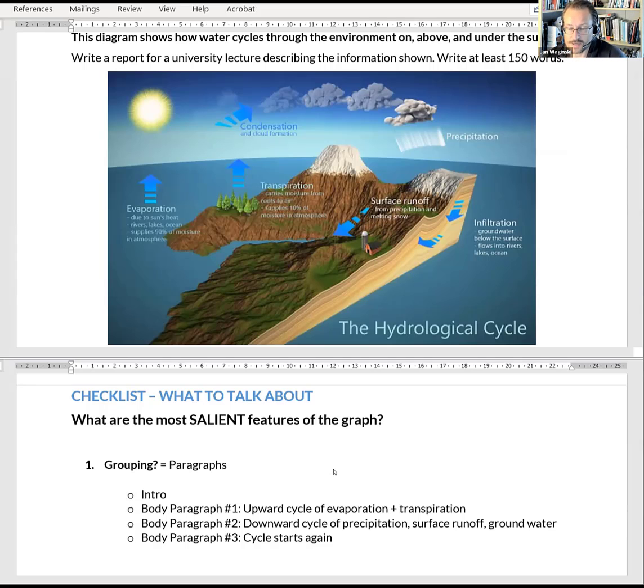One thing that often comes up in this kind of diagram, with the graphs for Task 1 Academic, it's pretty easy to go way over the minimum. We often go to 200, 220 words. With these kinds of natural processes, it's often a challenge to even get to 150 words.